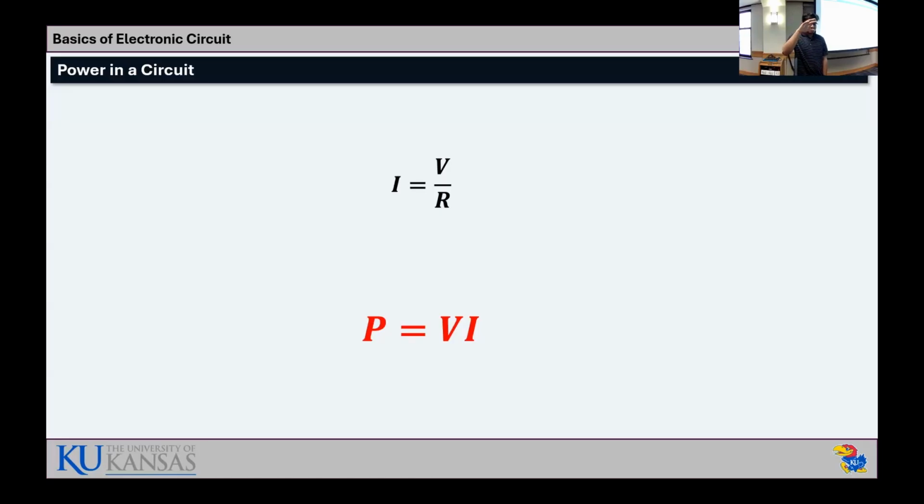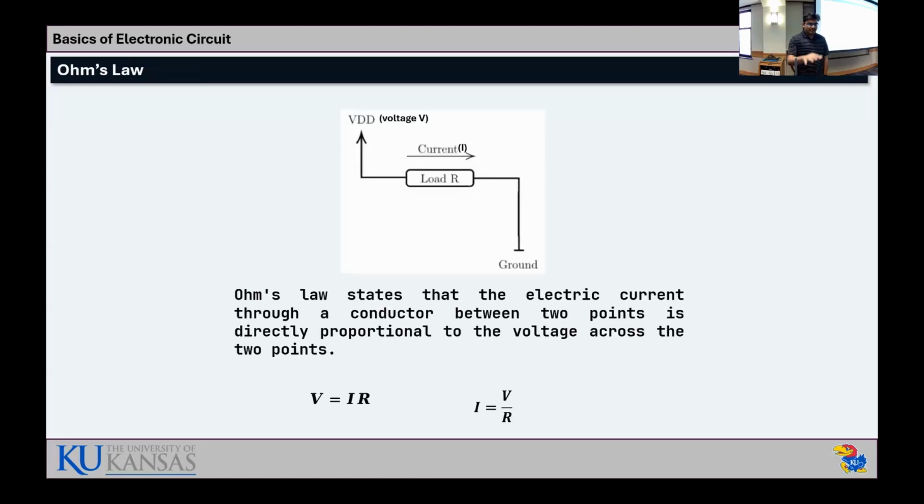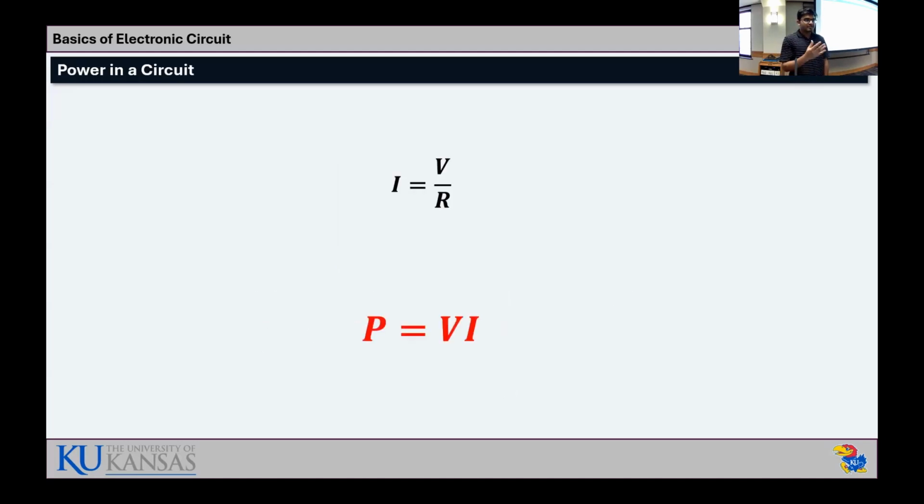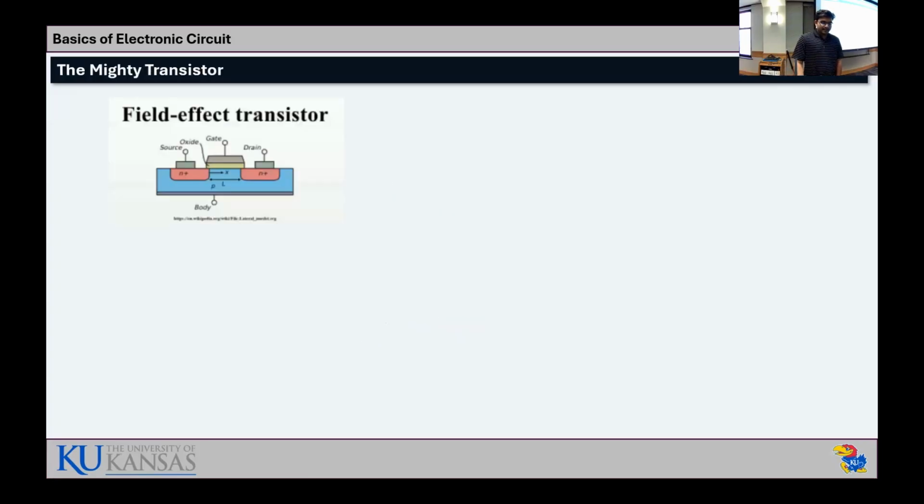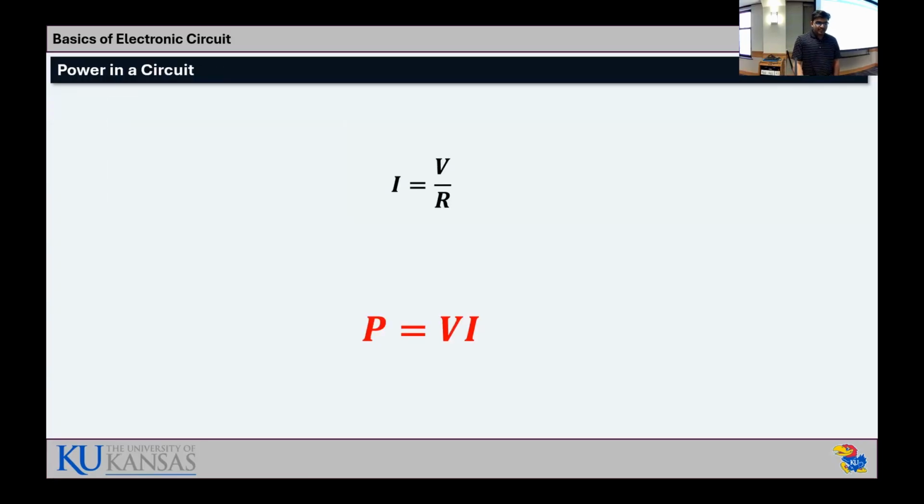If you have a circuit like this with voltage and with a load, and the load is kind of a resistor, and the current goes through this load, some power is consumed, like you are doing some operations, so the power will be consumed. And then you can derive this formula, which is P equals VI. And this is the power formula.